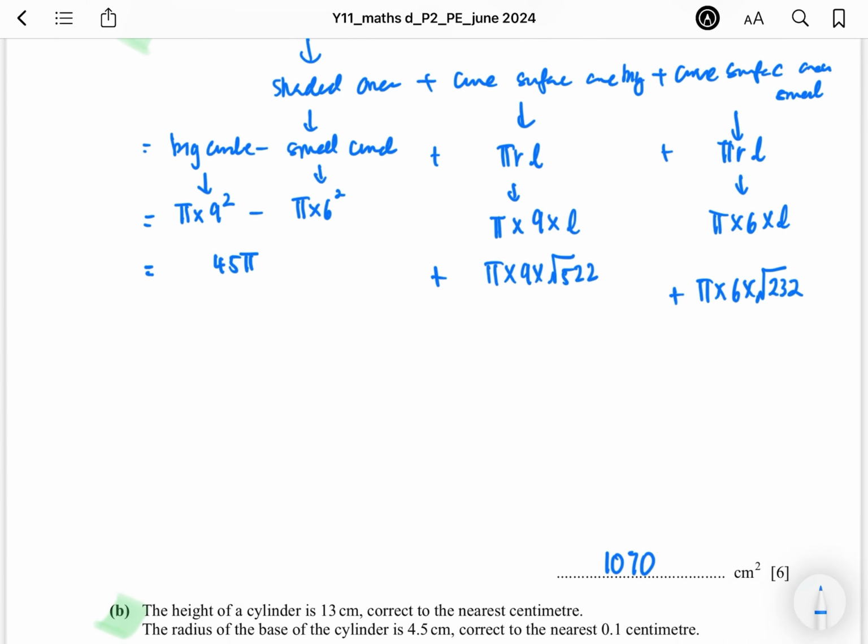It's quite lengthy. It's worth 6 marks. So having labels in your working helps a lot. After that, all you have to do is put everything in exactly as what you have written down.